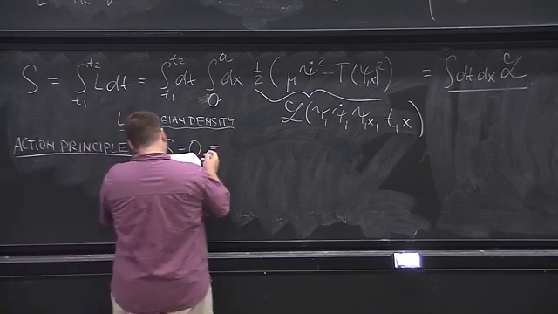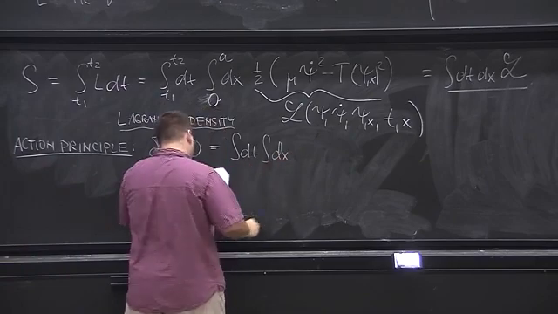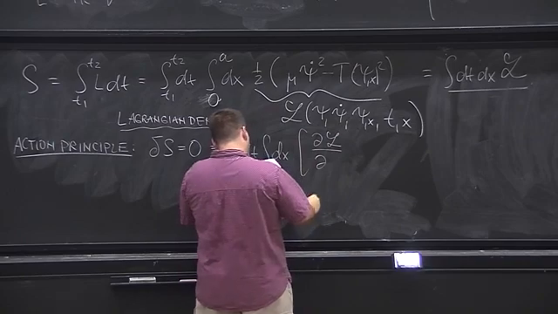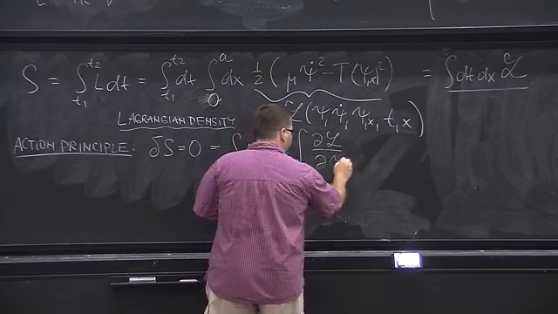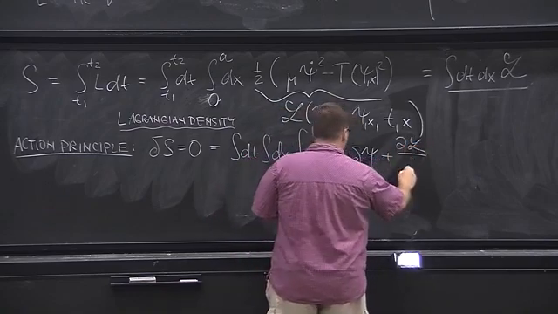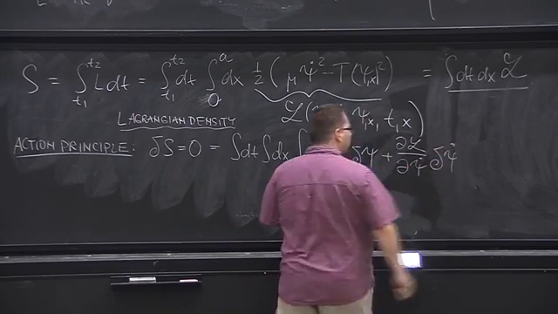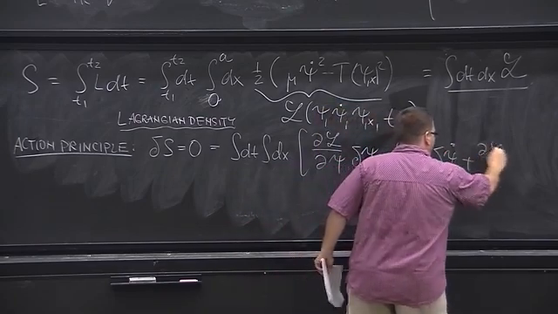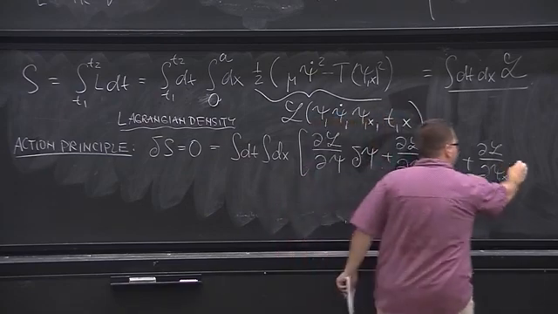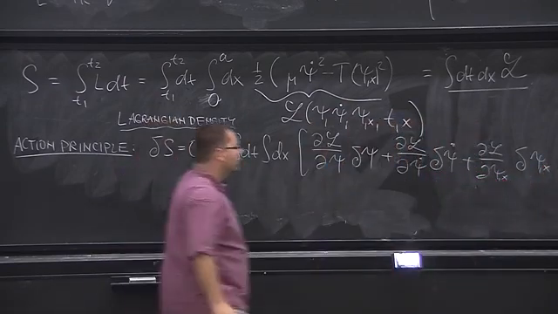So in the same way we do it here. So it's an integral over dt, integral over dx, and then you have dL over d psi delta psi plus dL over d psi dot delta psi dot plus dL over d psi x derivative delta psi x derivative. And that's it.